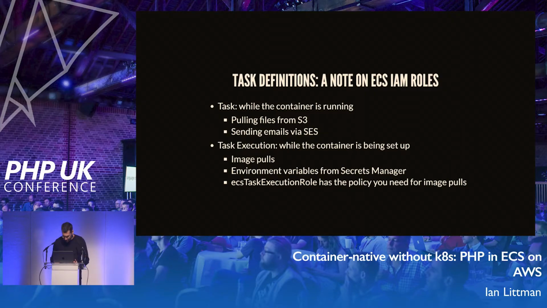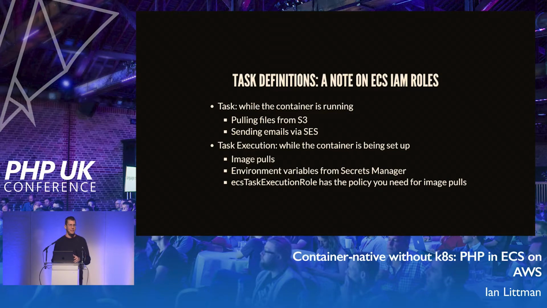There is the task role, which is your standard IAM role, which interacts with the container while it's running. So if you need to pull files out of S3 while your container is running, or send emails, or push things to a queue, or call Lambda functions, then you're going to use the task role to assign those capabilities.